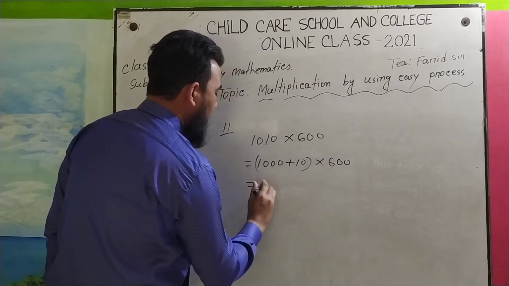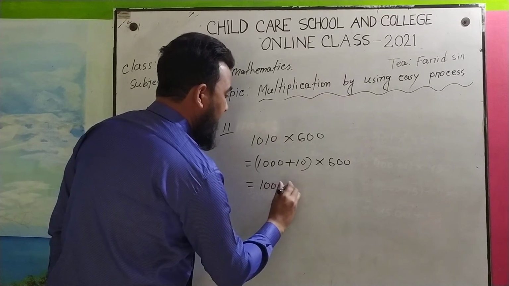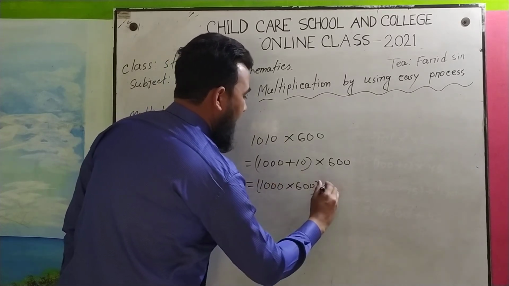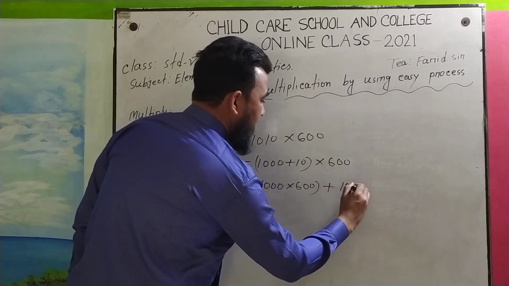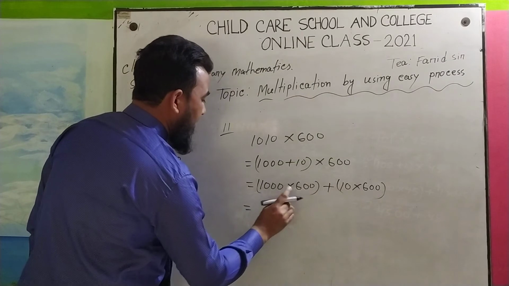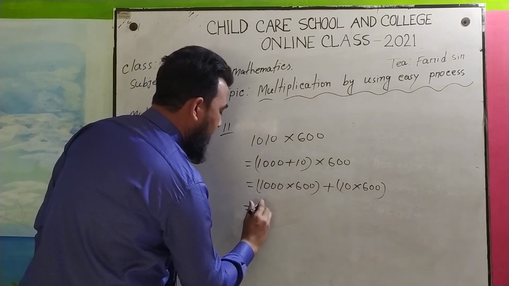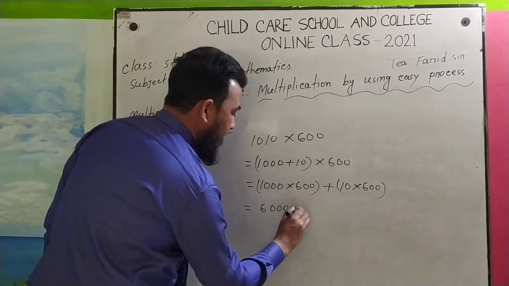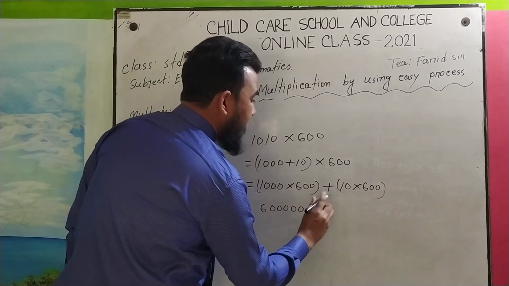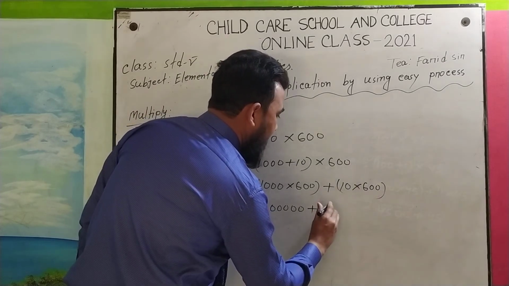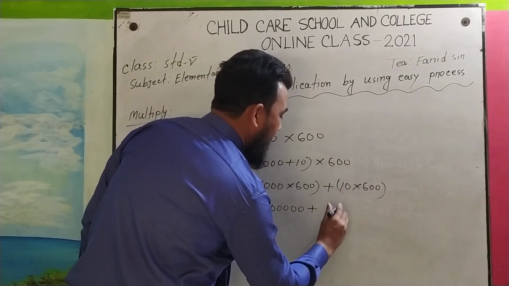So 1000 into 600 plus 10 into 600. So what will be? If you multiply 6 with 1, it will be 6, and here is 300 and here is 00. Now plus here, if you multiply 6 with 1, it will be 6.